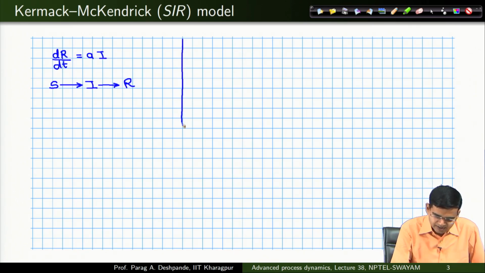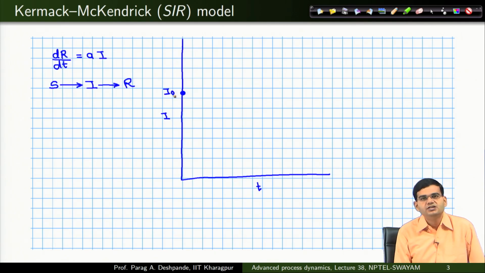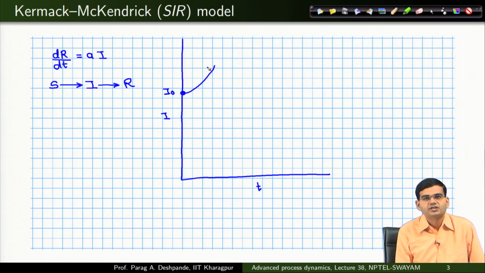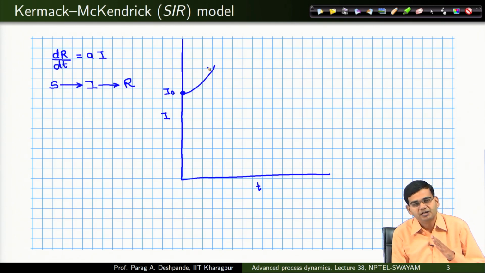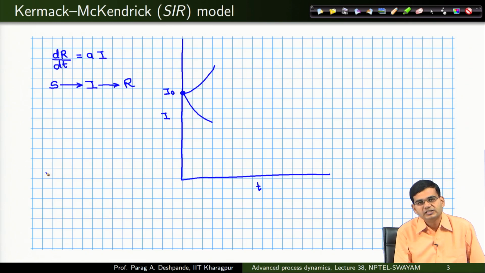I saw that if I write the evolution of I with time with some I 0, then I have two options. I may go here, positive gradient depending upon S 0 R upon A being greater than 0. I can have this option, negative gradient for the same quantity, reproduction number to be less than 1.